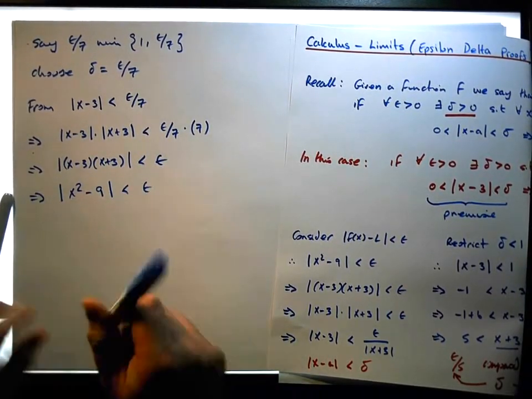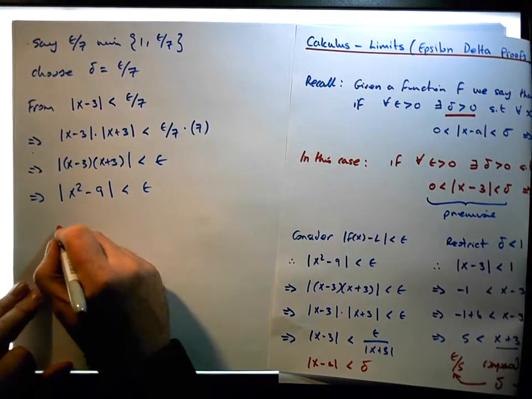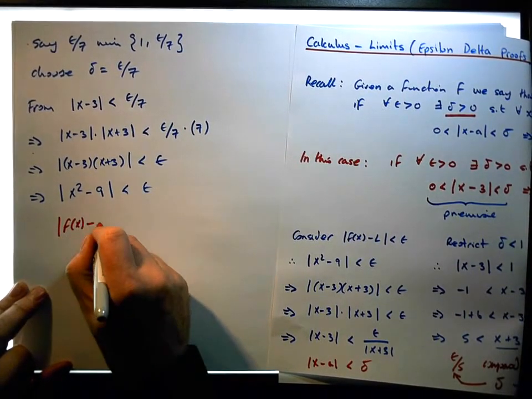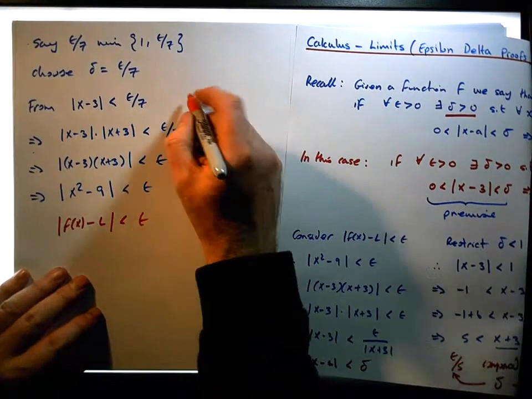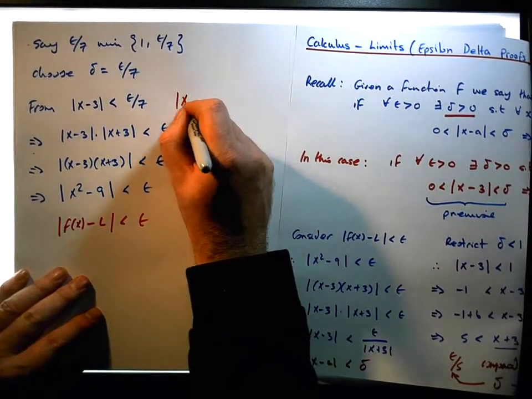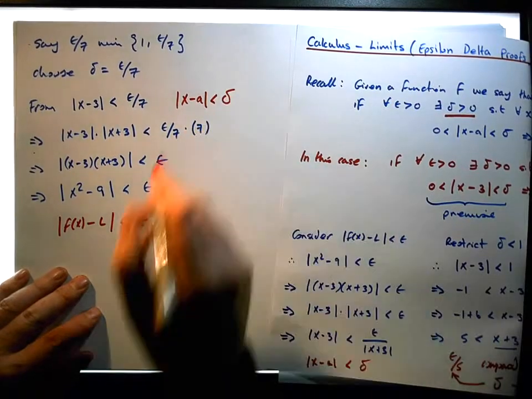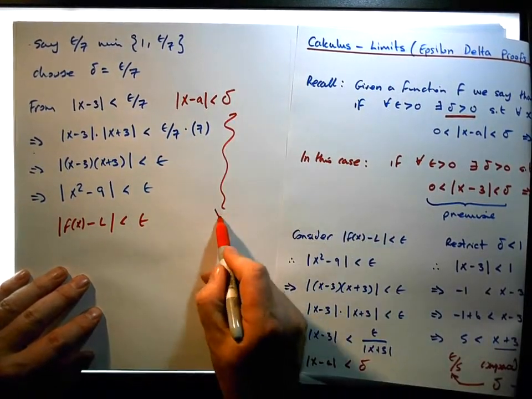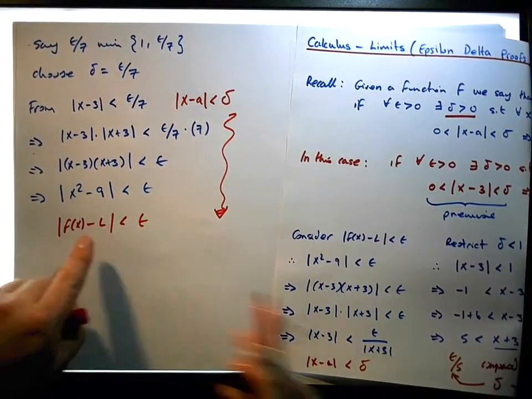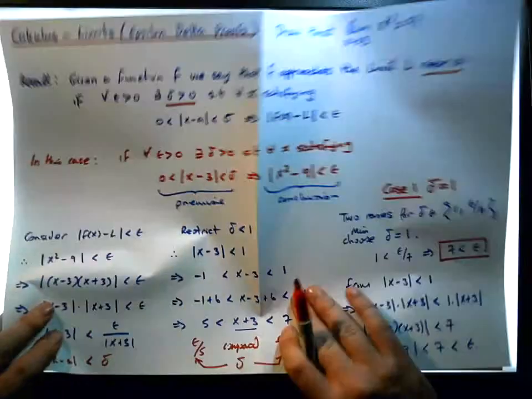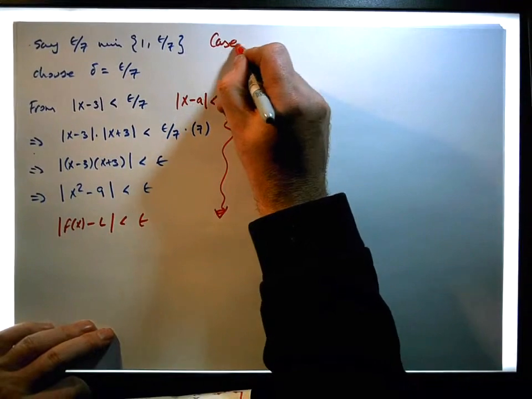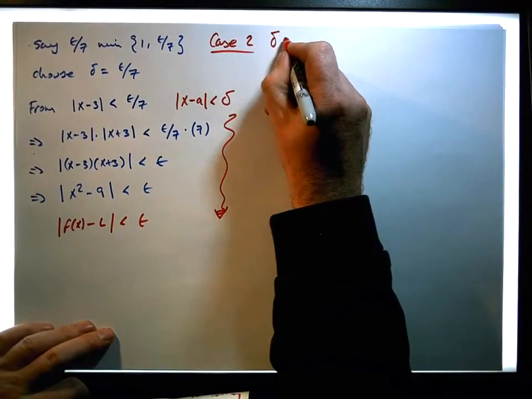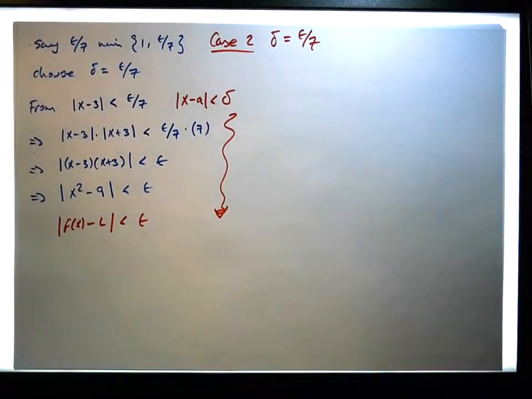Which implies that |x² - 9| is less than epsilon. And once again, this is |f(x) - L| less than epsilon. So from the fact that we had |x - a| less than delta, we derived |f(x) - L| less than epsilon, which is what we had to do. This here is case 2, when delta equals epsilon over 7.